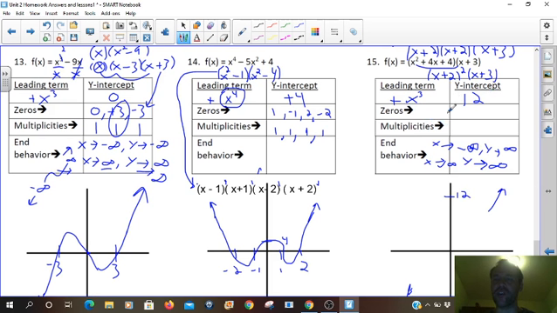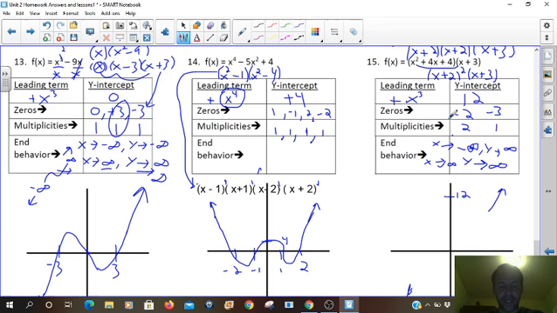Okay, so then our zeros, again, are going to be the opposite signs, so not a positive 2, but a negative 2, with the multiplicity of 2. And then not a positive 3, but a negative 3 for our zeros, with the multiplicity of 1. And do you remember what those mean again? I hope you do.